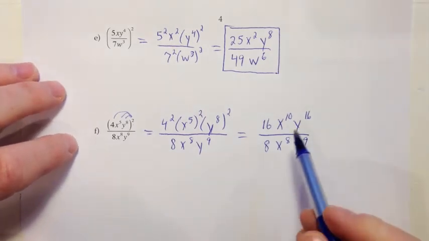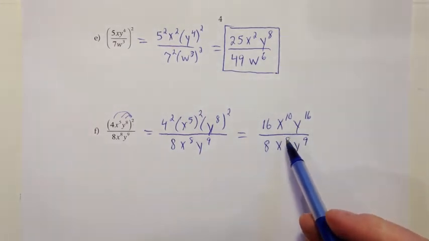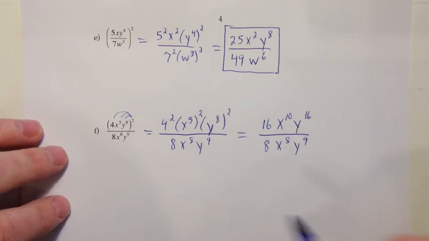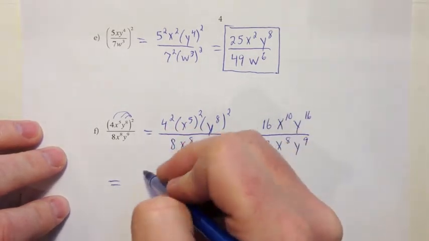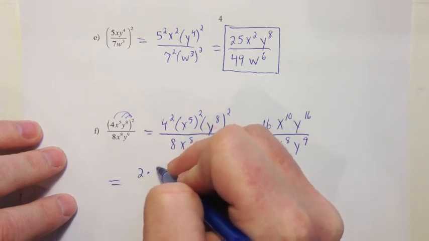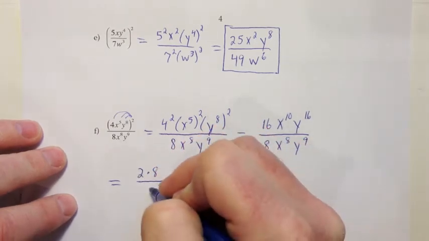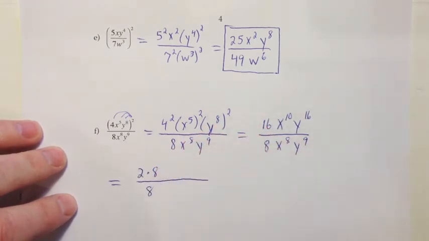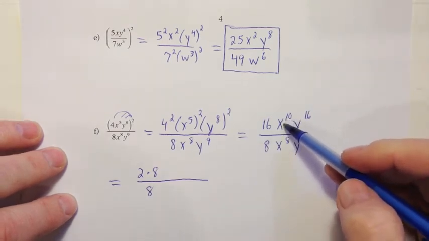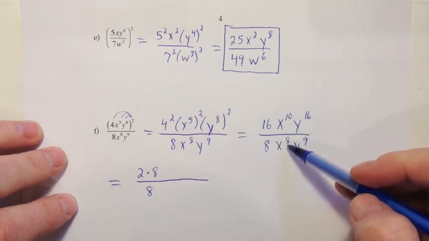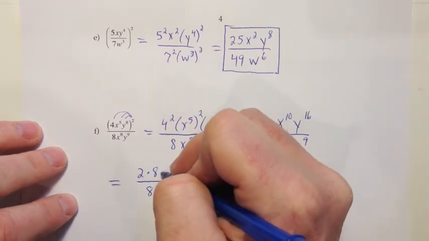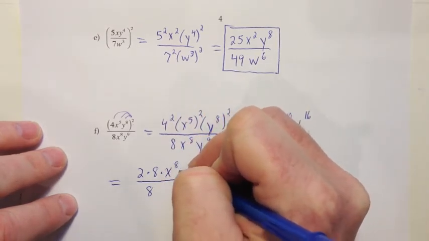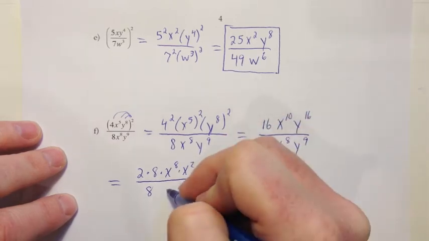And then I want to simplify by removing any common factors, and I see an 8 in common here, so I'm going to show that. That's 2 times 8, and I have the 8 on the bottom, so I'll cancel those off in a minute. When I have the same base, you could use the subtraction rule. You could also think of it as if there's 10 x's up here, that means you could split that into 8 x's and 2 x's.